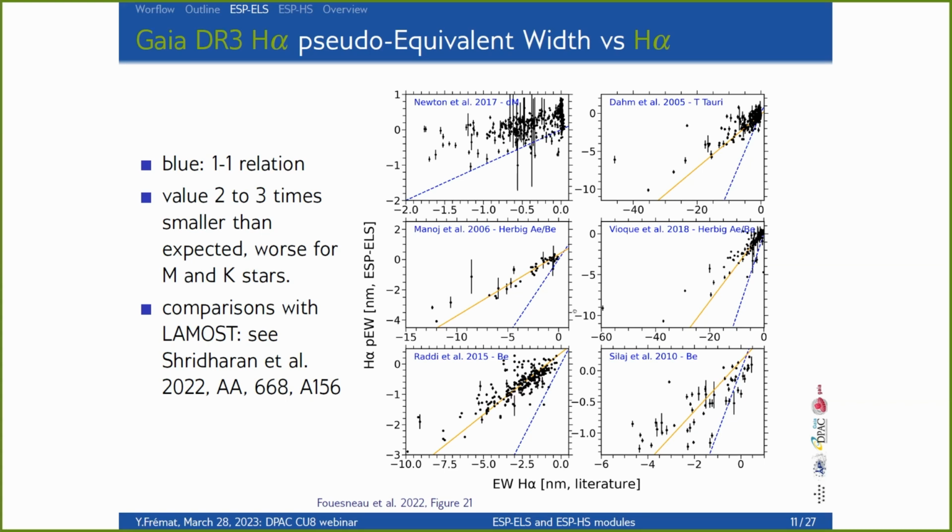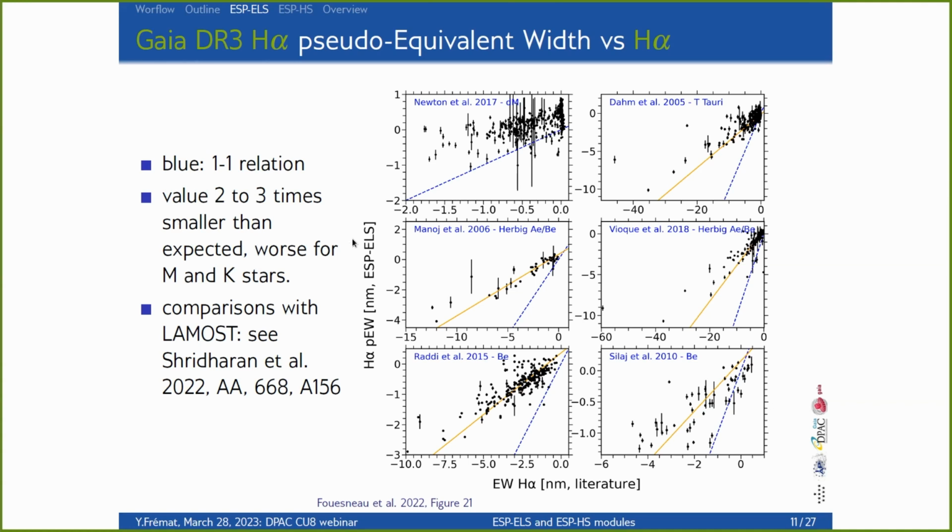That is what we are showing here, where we systematically compare the pseudo-equivalent width of H alpha to values published by different people for different types of emission line stars. What we note is that generally the pseudo-equivalent width is underestimating, which is again something we were expecting. It is underestimating the true H alpha equivalent width by a factor of 2 to 3.